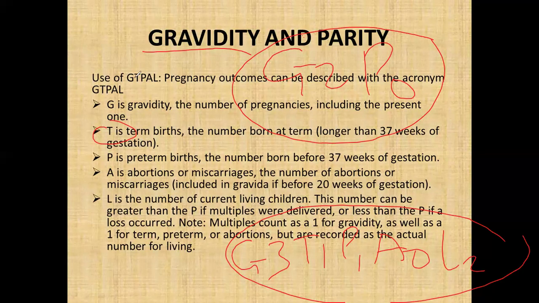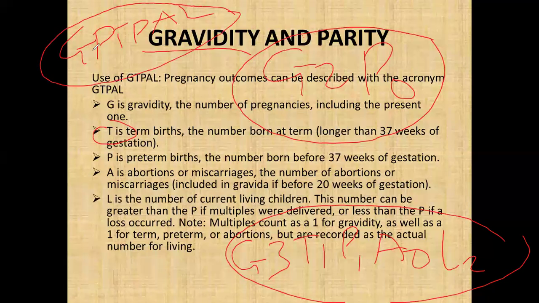If the parity is included, you see the parity just after the G. So in some books, you see it as GPTPAL. Some of the Q banks or some of the books will include the parity. But if you see GTPAL and not GPTPAL, it means they haven't included the number of parity.